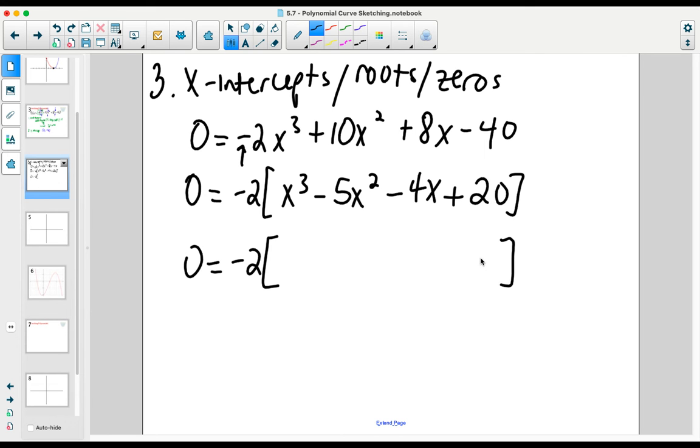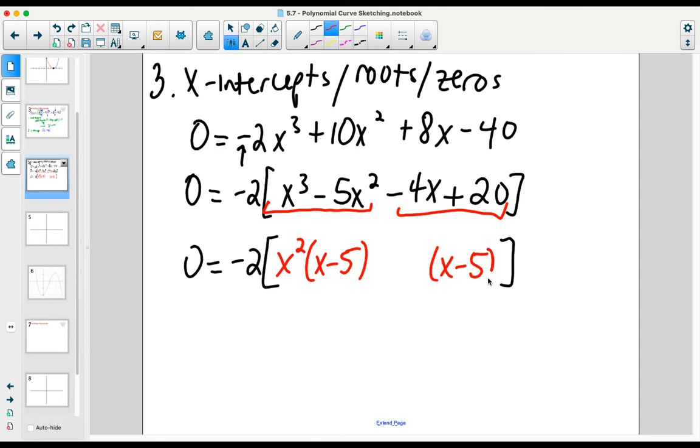We have 4 terms inside the parentheses, so this looks like a grouping situation. We'll look at the first pair. We'll see a common factor of x squared. If I want this to work, this second half is going to have to produce that common binomial of x minus 5. And that'll happen as long as I make negative 4 its common factor. Now we group.